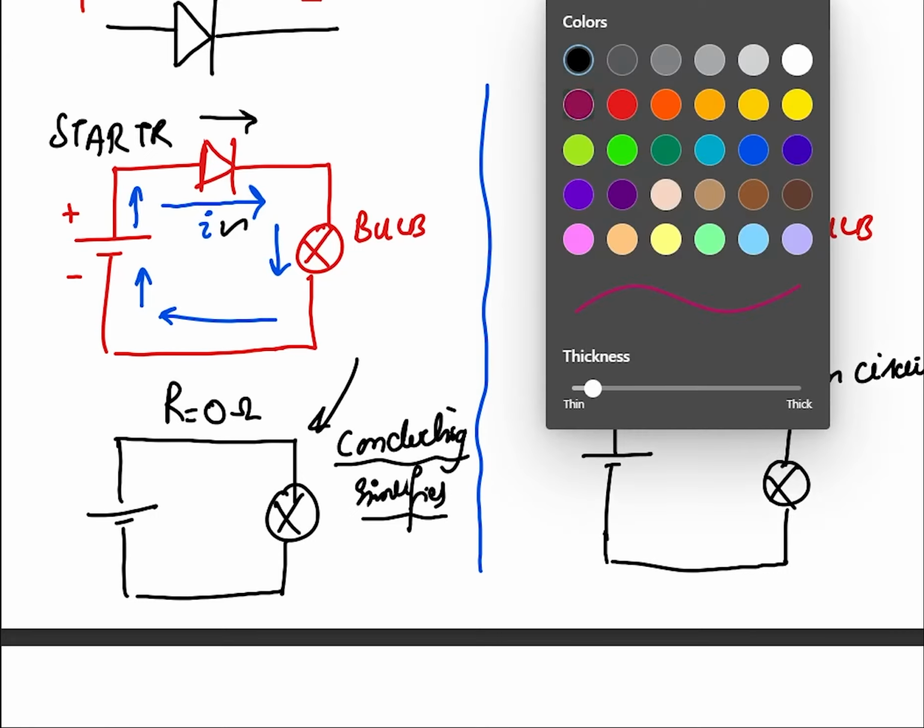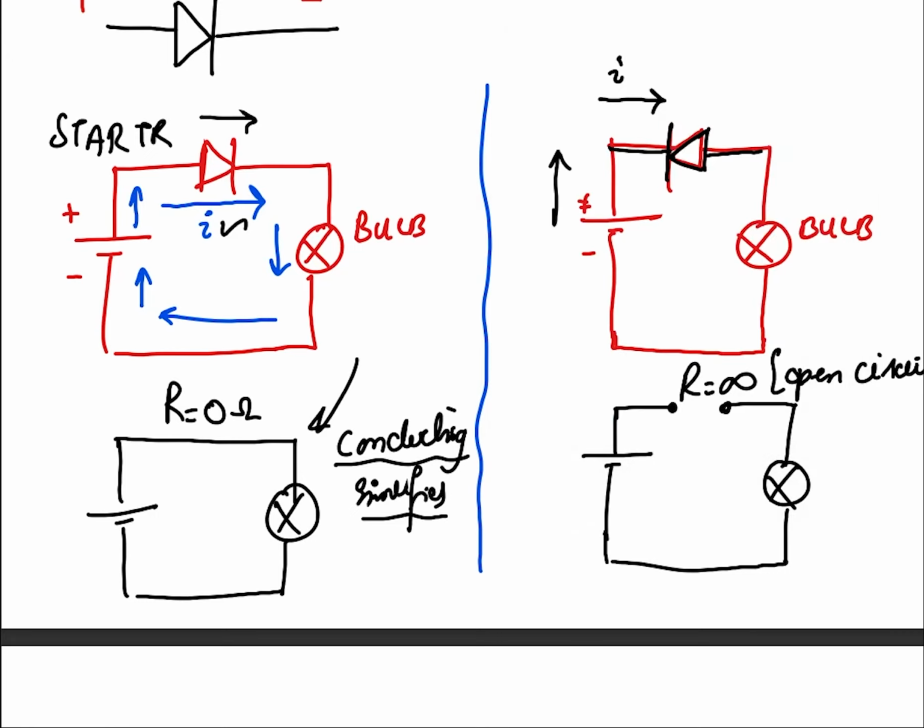And there are specific names for both of these conditions. The first one, in which the resistance effectively becomes zero, is known as forward biased. We will call this forward bias situation, in which the diode has been given its favorable voltage, or the voltage at which it switches on.